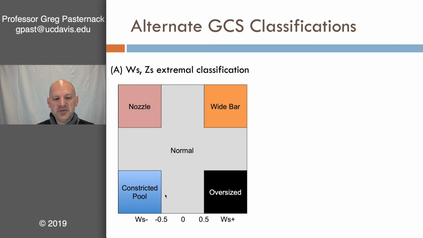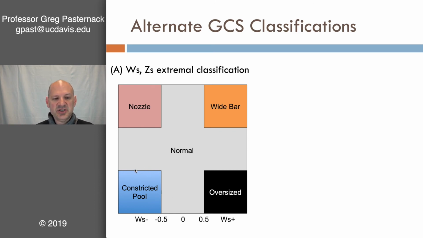For the moment, I've chosen the value 0.5. You may, if you want to be super conservative and have a lot of normal channel, choose 1 standard deviation. If you want to see a lot of variability, choose a very small number. This is something that you can tune when you're looking at your spatial series, and I don't really want to emphasize that now. So for a moment, let's just assume this 0.5 number.